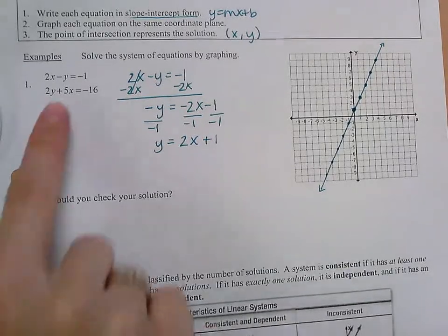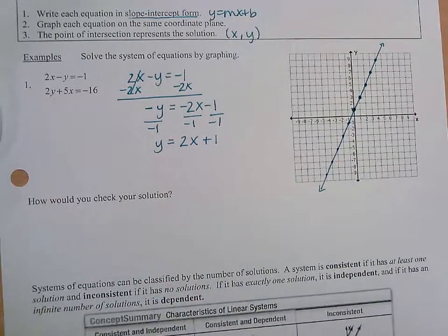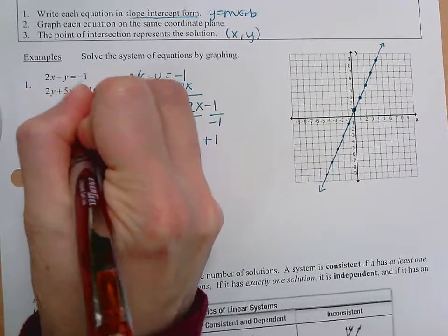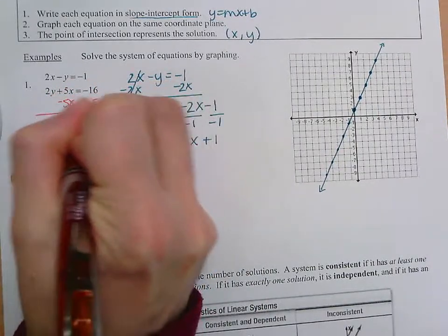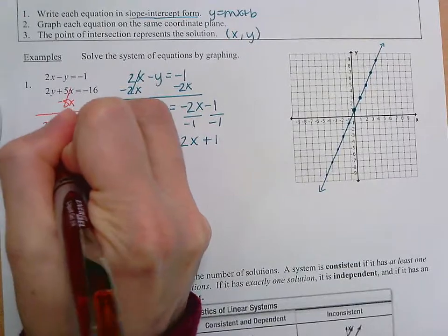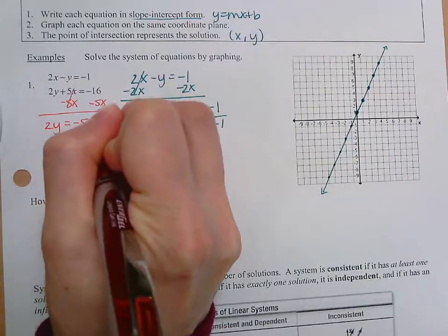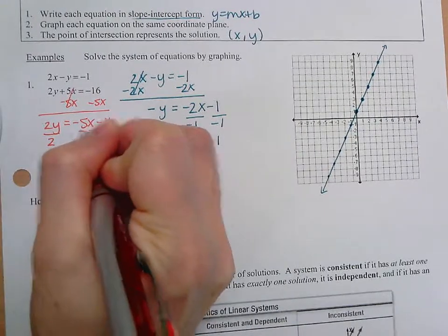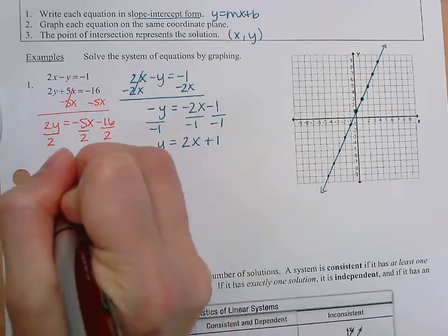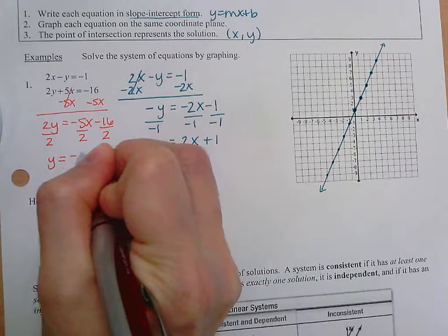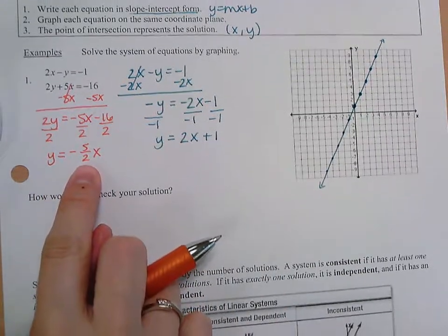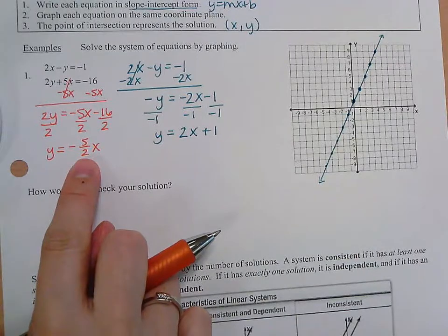That's line 1, and then the second line, again, if I get it into slope-intercept form first, so I'll subtract 5x. So 2y equals negative 5x minus 16, and then divide everything by 2. So I'm leaving my slope as negative 5 over 2x.